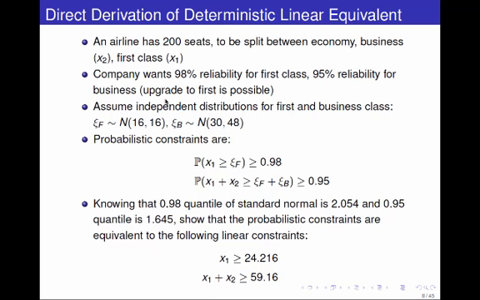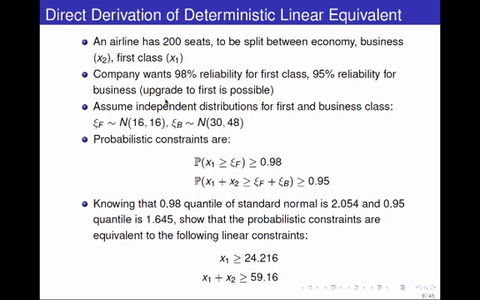So if you know that the first-class demand is normally distributed with mean 16 and variance 16, and the business class customers are distributed with a mean of 30 and a variance of 48, all you need to do to ensure this probabilistic constraint is this. Xi_f minus 16 divided by the standard deviation, the square root of the variance, which is 4, is a standard normal Gaussian variable.